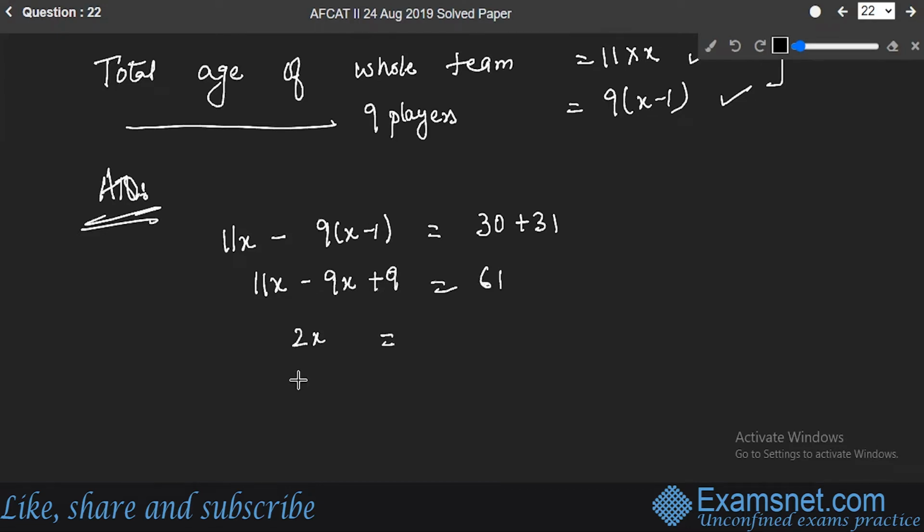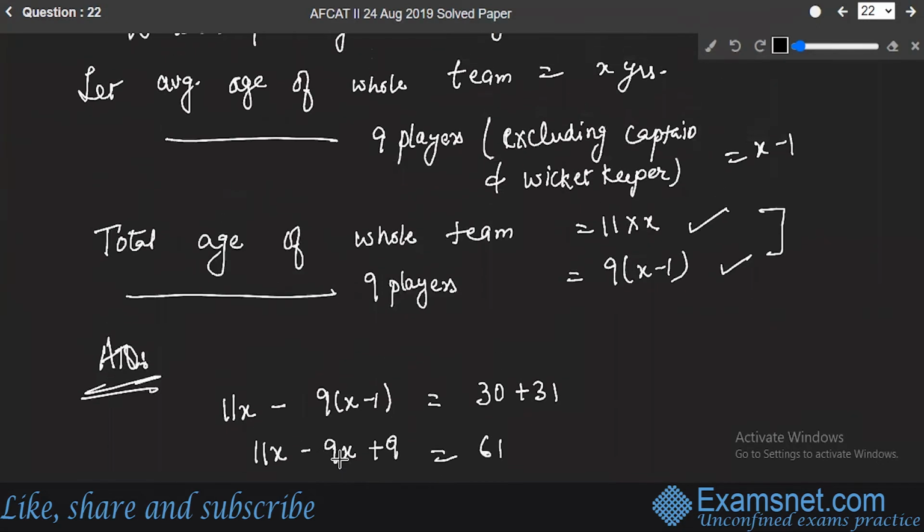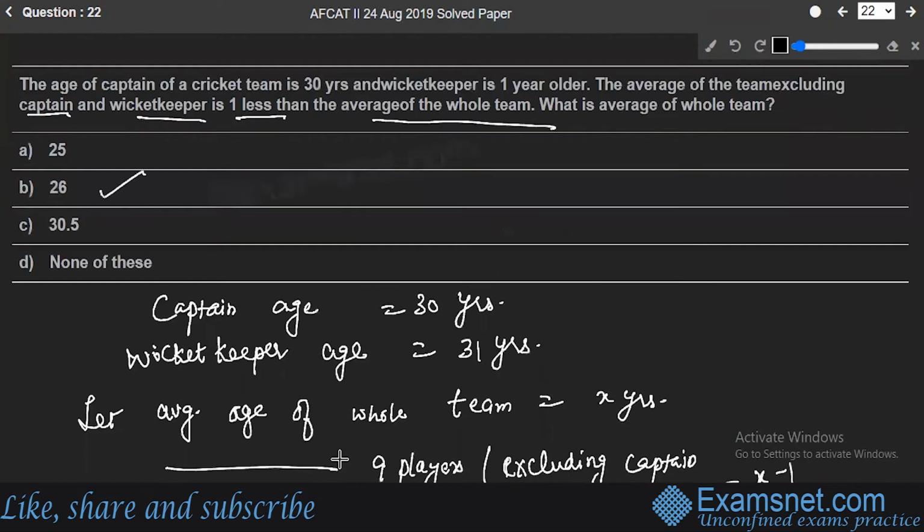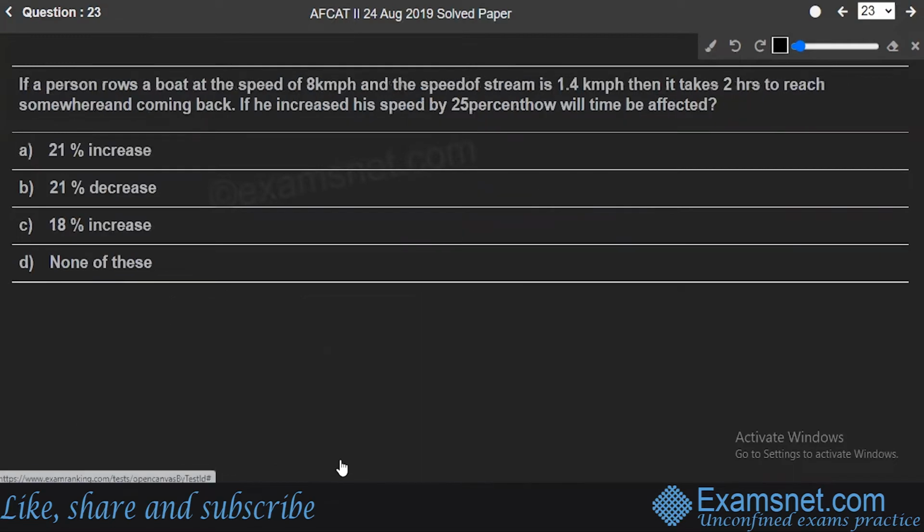This will be equal to 52, so x will be 26 years. Correct. Let's see the options. Option B is the correct answer to this question. So I hope this is clear to all of you. Let's move to the next question.